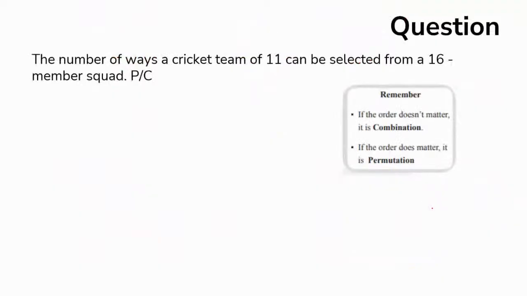And moving on to the questions. Going for the first one: the number of ways a cricket team of 11 can be formed from a 16-member squad. You have to say whether it is a combination or a permutation process here.